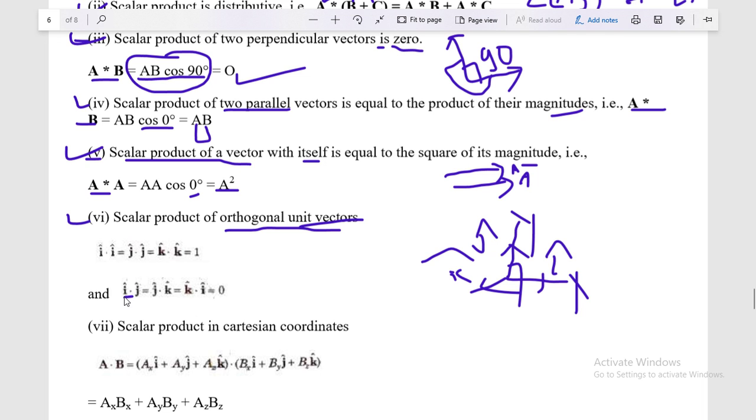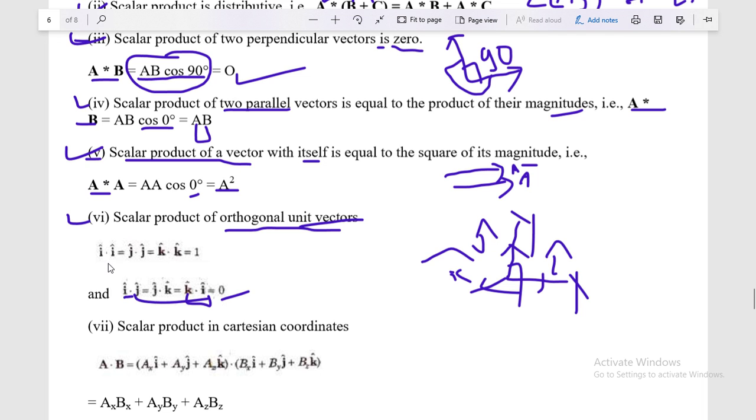So the resultant of these scalar products is 0. You can take k dot i, then the angle between these two is 90, so cos 90 is 0, so the product is 0. Similarly j dot k, similarly i dot j. Okay, so I hope you understand why i dot j is equal to j dot k is equal to k dot i is 0.